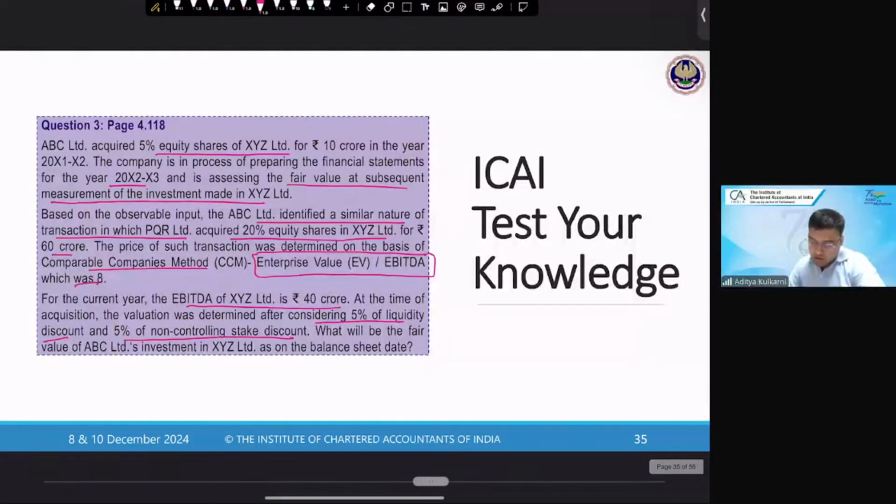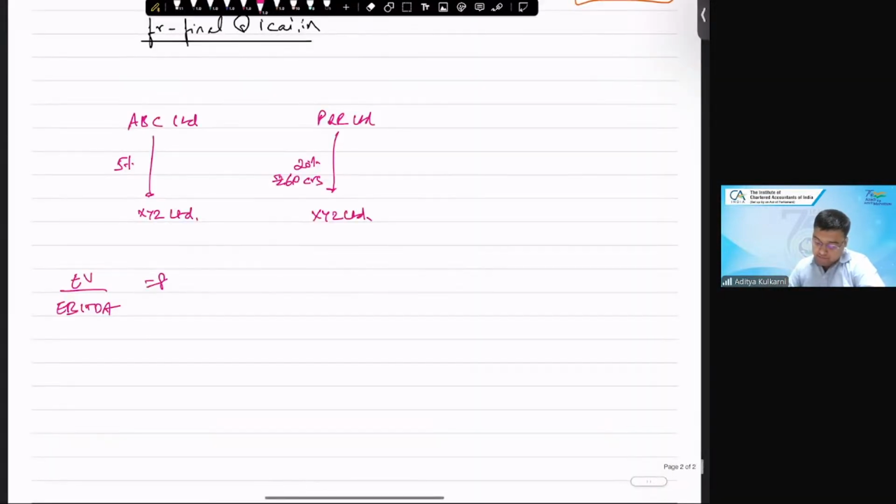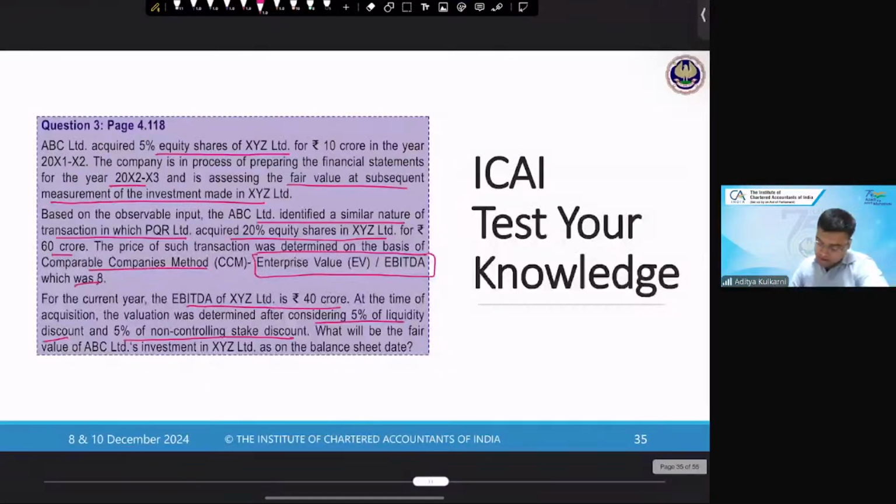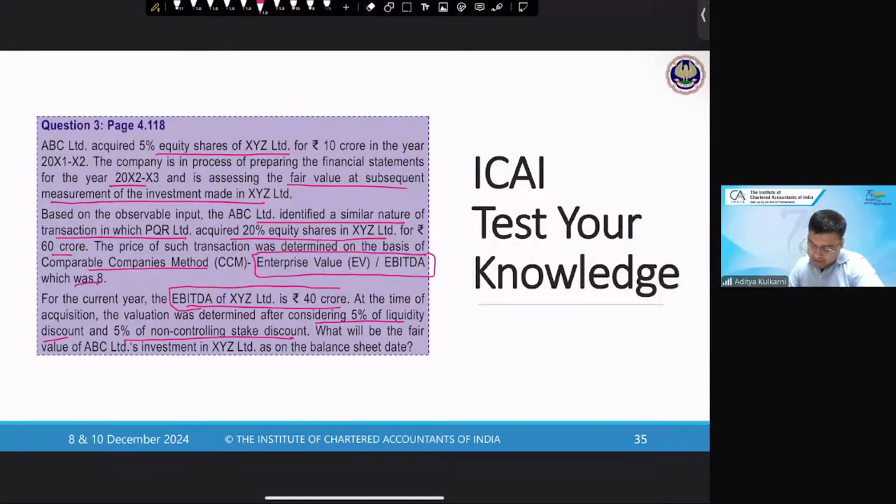Now, what is your EBITDA? EBITDA of XYZ is 40 crore.